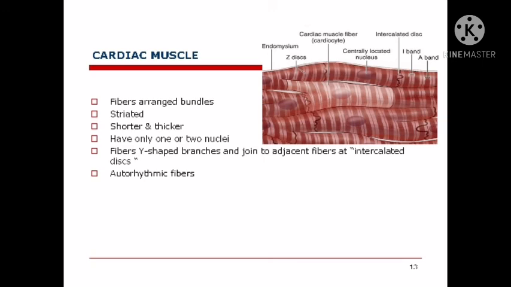In this structure you can see the fibers are Y-shaped and the branches join at the adjacent fibers where the Y starts, at their intercalated discs. The teacher of histology will tell you what an intercalated disc is. They are autorhythmic fibers: they self-generate the electrical impulse. So this is the uniqueness.